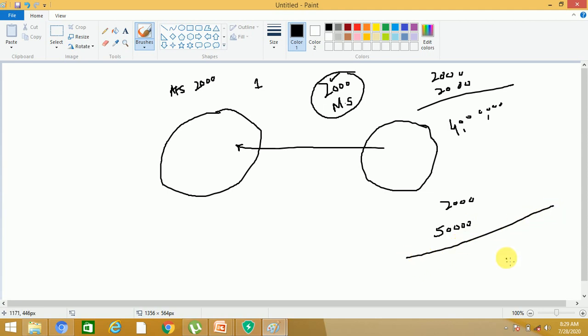They will calculate the total value, whatever the value is, and charge a percentage on that total value.